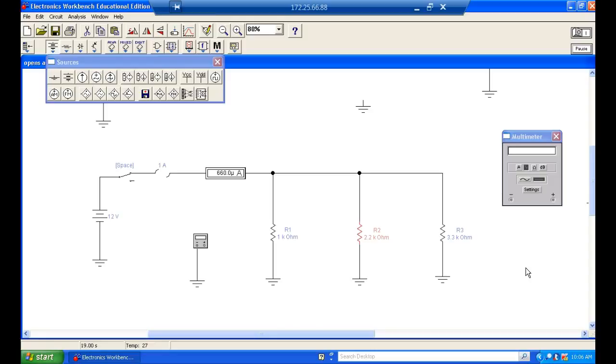So in a parallel circuit, every short is a short circuit. But an open is not necessarily an open circuit. If I create an open circuit, what happens to the current flow in the circuit?